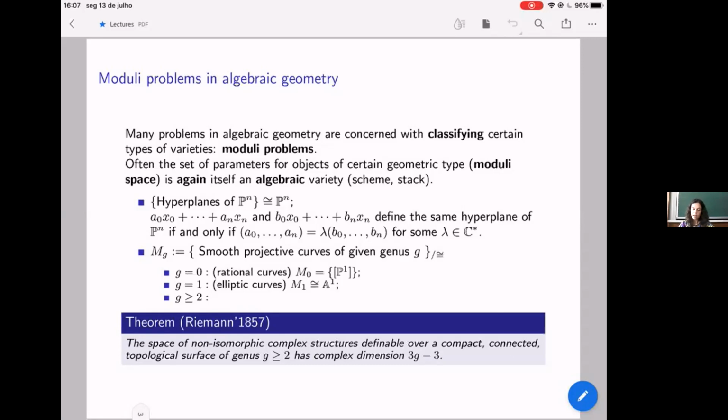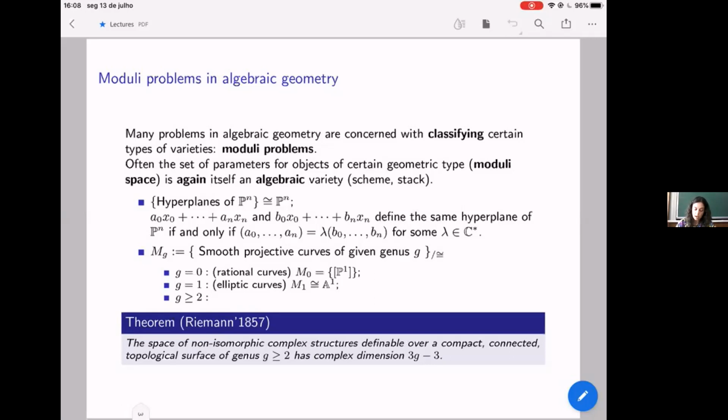Maybe in the first course of algebraic geometry, the first example of a moduli space that we all see is the moduli space of hyperplanes in projective space. If we want to think of them as a moduli space, we try to understand what hyperplanes are and what data we have to give in order to define a hyperplane.